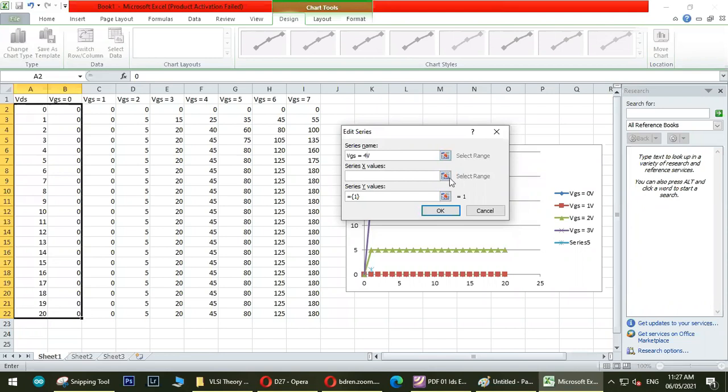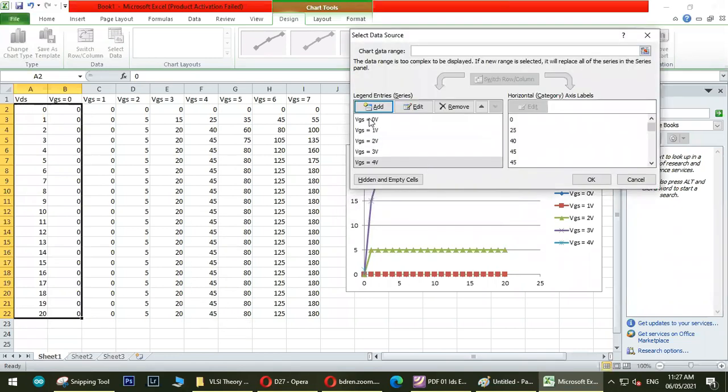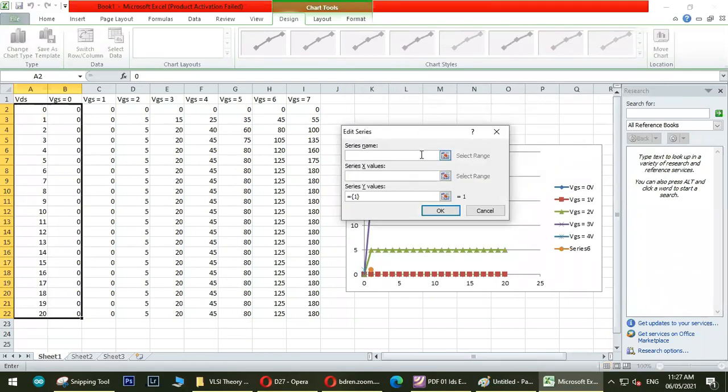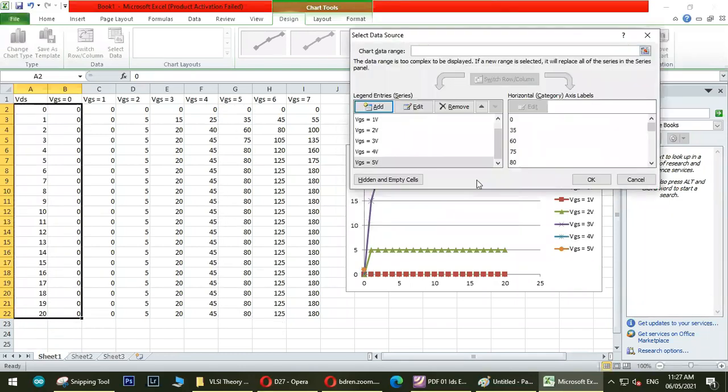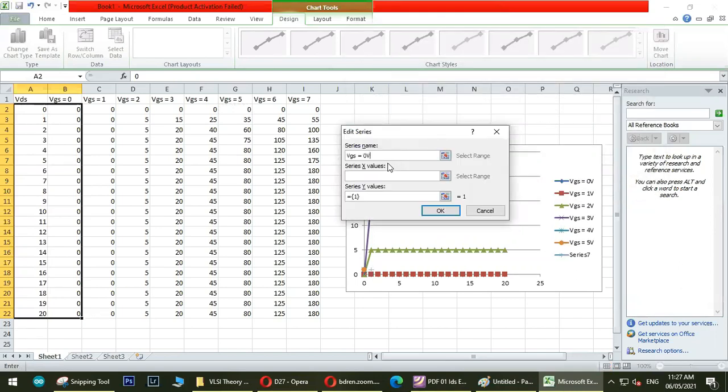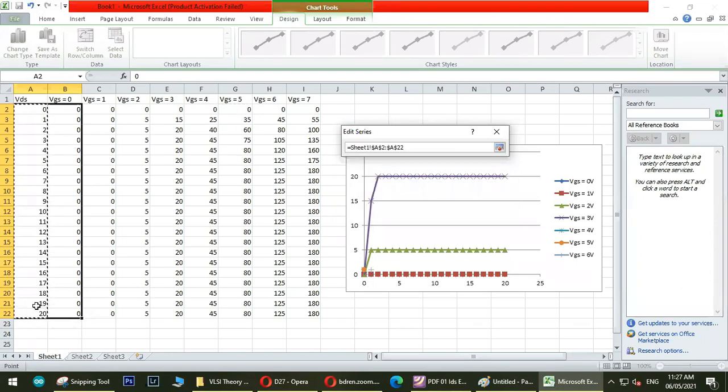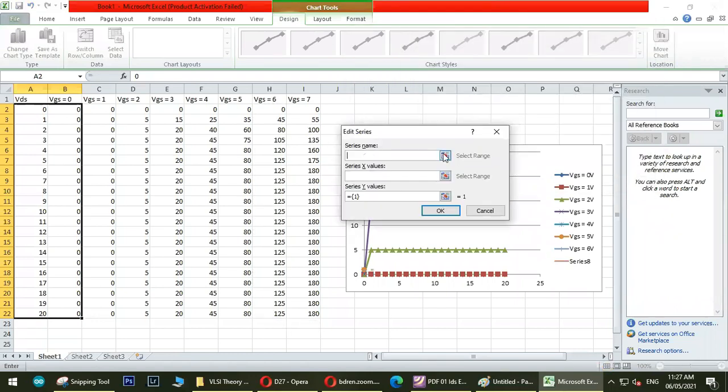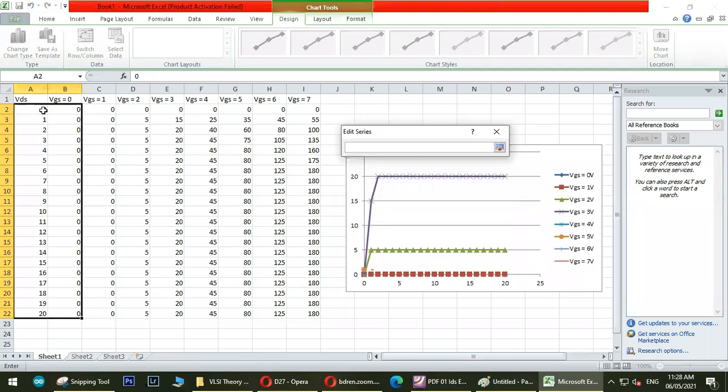This will be 4 volt. This will be 5 volt. Now it is 7 volt.